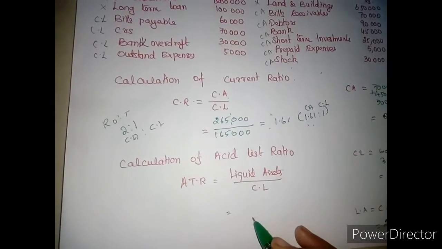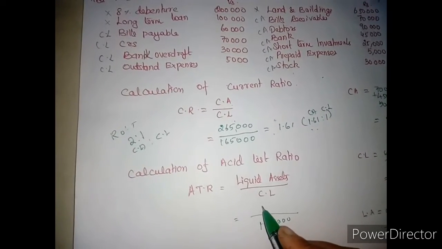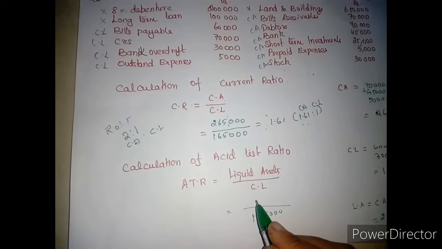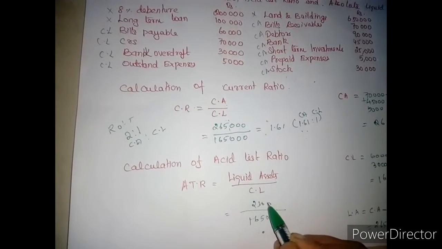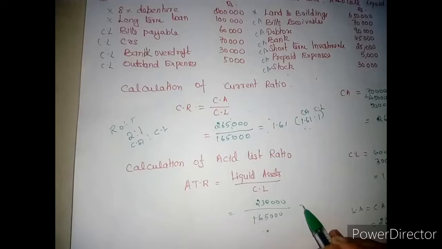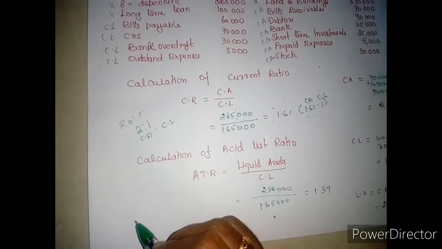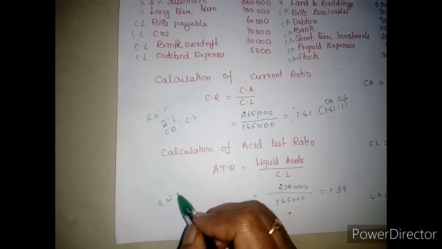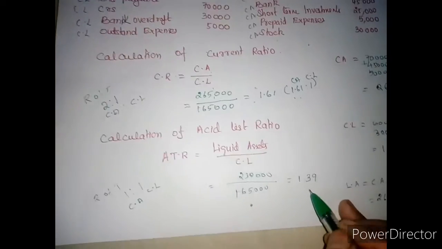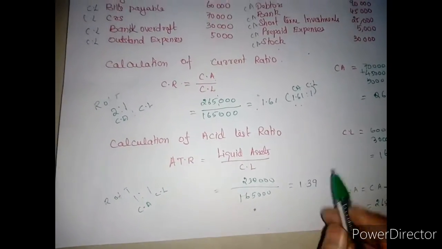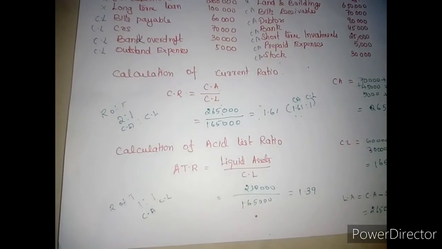We already know current liability is 1,65,000. Now we calculate 2,65,000 minus 35,000, which is 2,30,000. Now the ratio is 1.39. The rule of thumb is 1:1. When we compare, the position is good, a good liquidity.